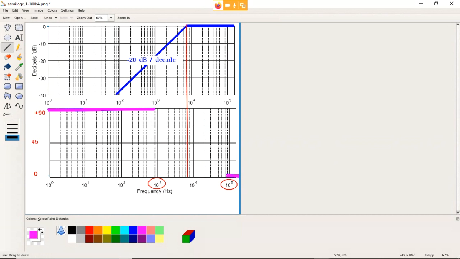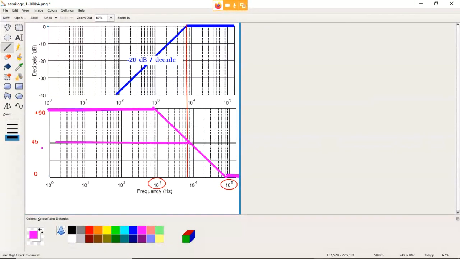When I draw this, I need to be right on this line, and when I draw this one, I need to be right on that line. I was a little high. It still seems a little bit off here, but right here, it should cross at 45 degrees at that critical frequency.